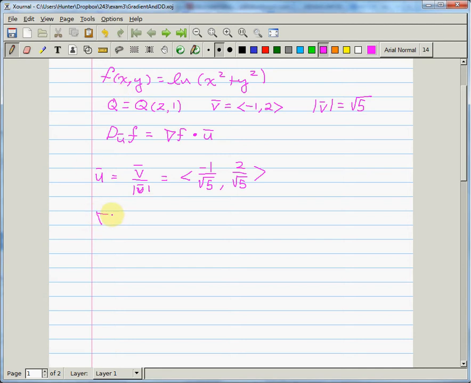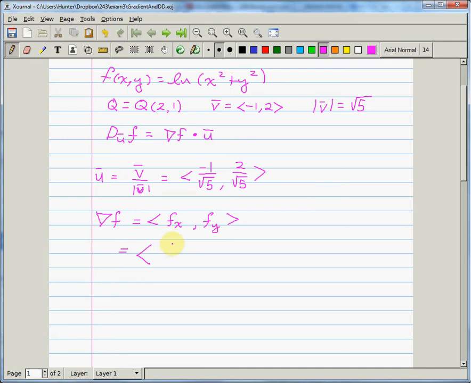gradient. So let me remind you that the gradient of a function is just the partial with respect to x in one component and the partial with respect to y in the other component, and the analogous thing if there's more than one variable. So for this function, what's the partial derivative of this thing with respect to x?